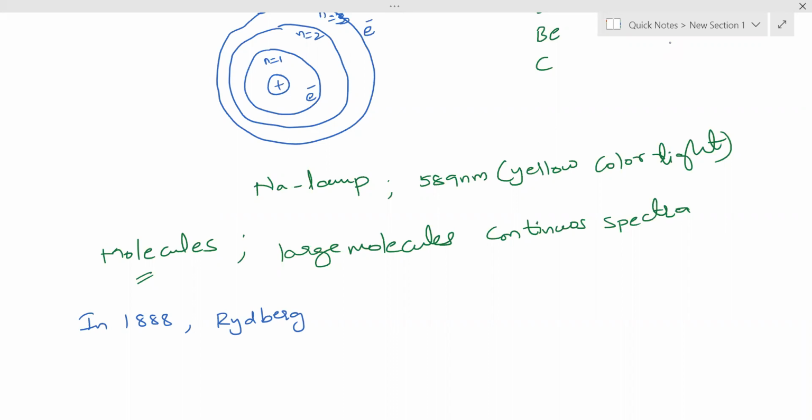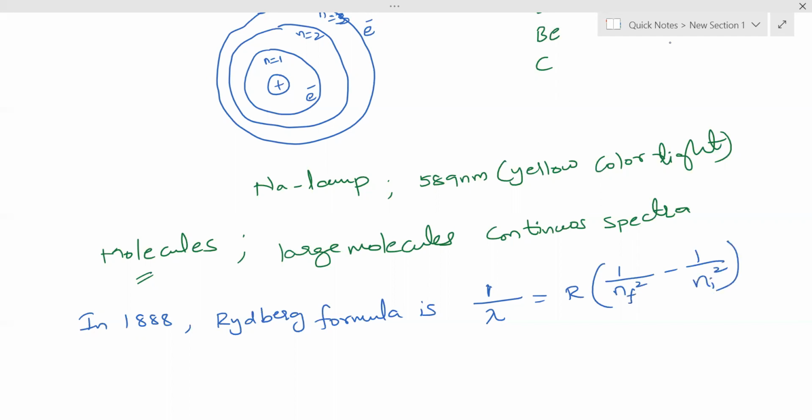His Rydberg formula is 1 by lambda, where lambda is the wavelength of emitted photons. This is only for hydrogen spectral lines, and this is equal to R, which is the Rydberg constant, times 1 by nf square minus 1 by ni square.